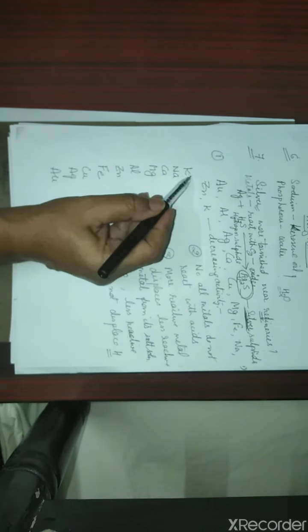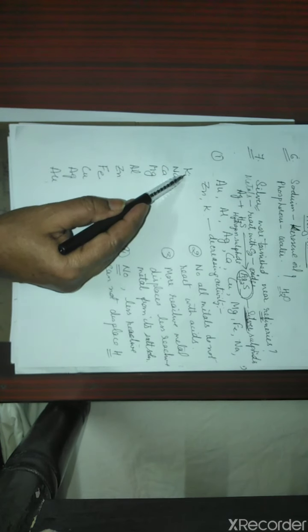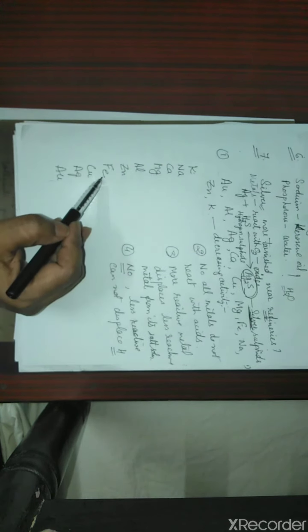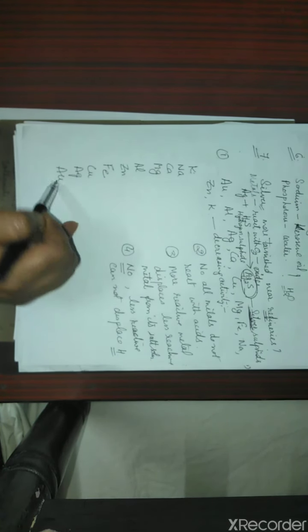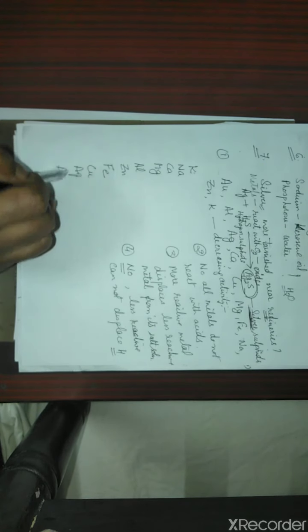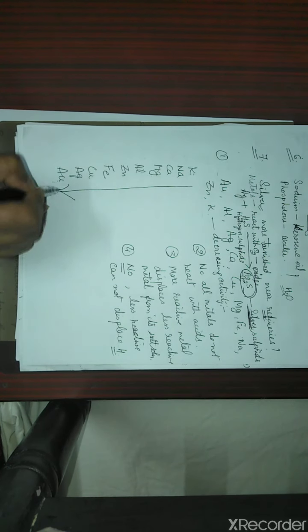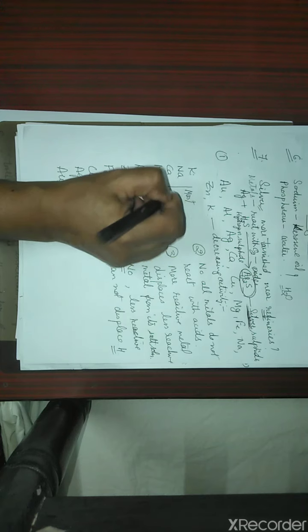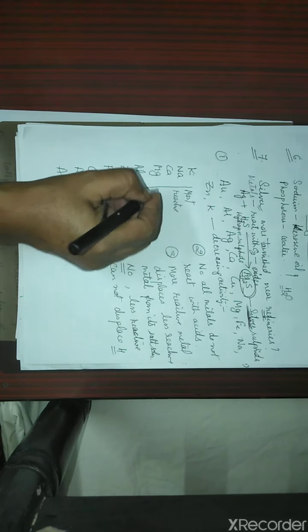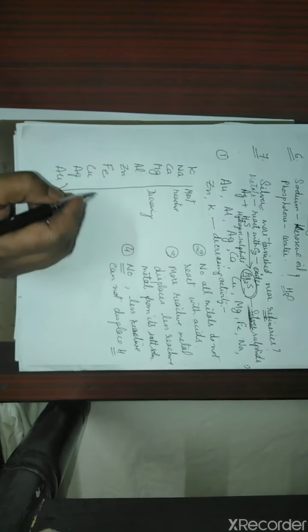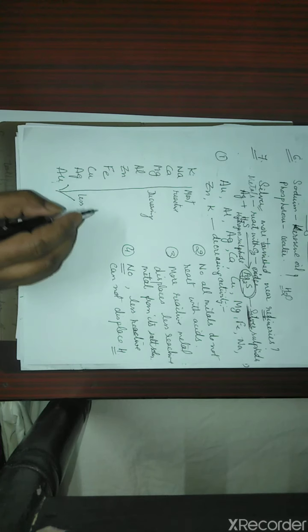Now we'll write it like this: potassium, sodium, calcium, magnesium, aluminium, zinc, iron, copper, silver and gold. So this is how it goes on decreasing. Here it is most reactive and this goes on decreasing, and here it is less reactive and this is least reactive.